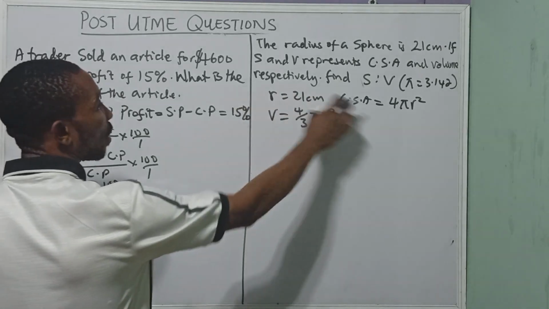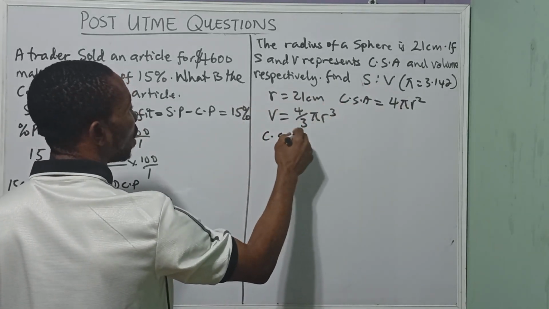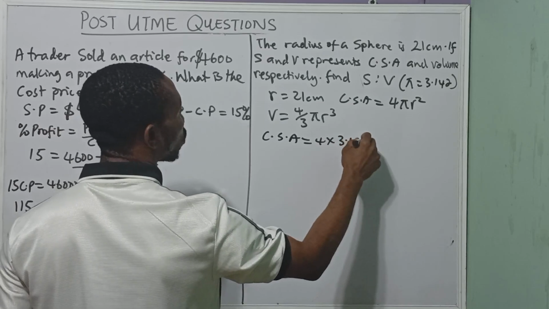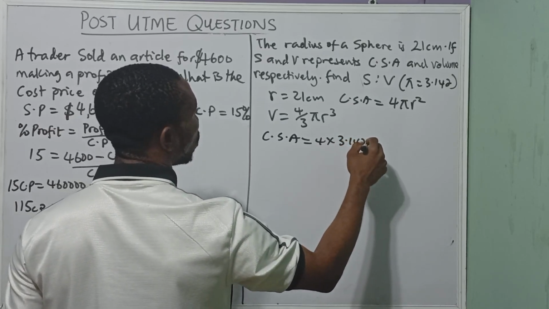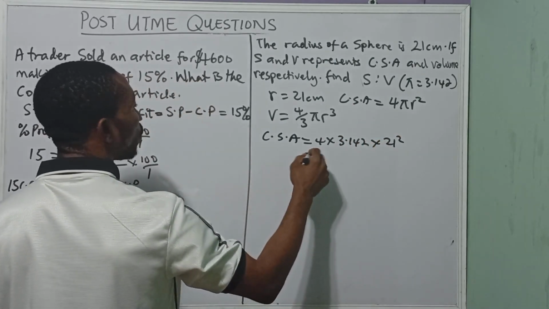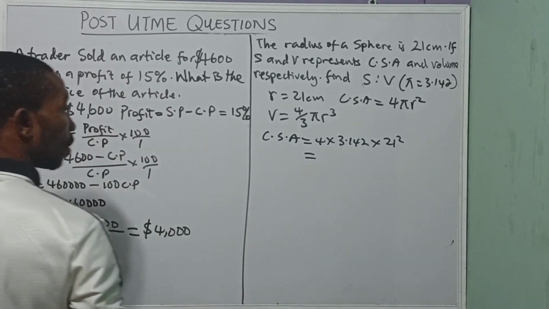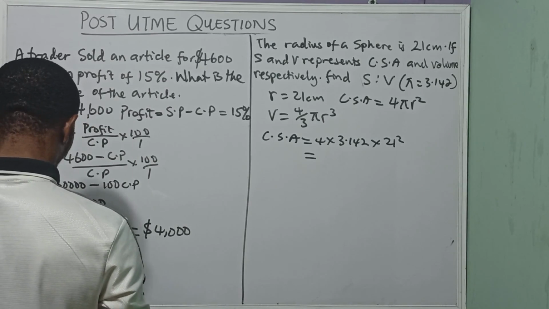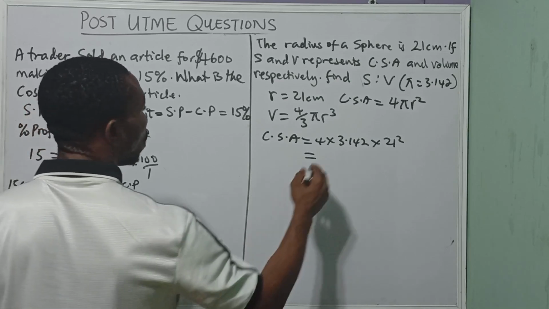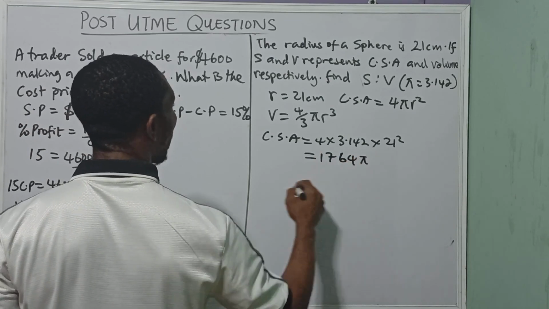Now we've been given our radius as this, so substituting directly, our CSA will give us 4 times 3.142 times 21 squared. Okay, 21 squared times 4 would give us 1764 pi.